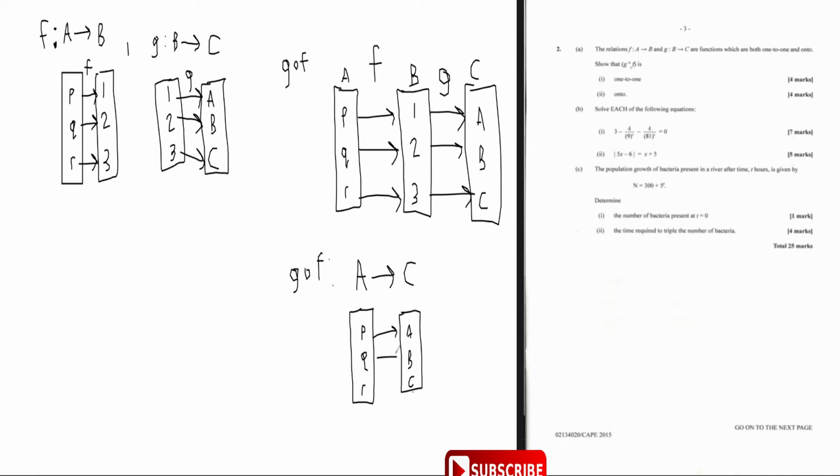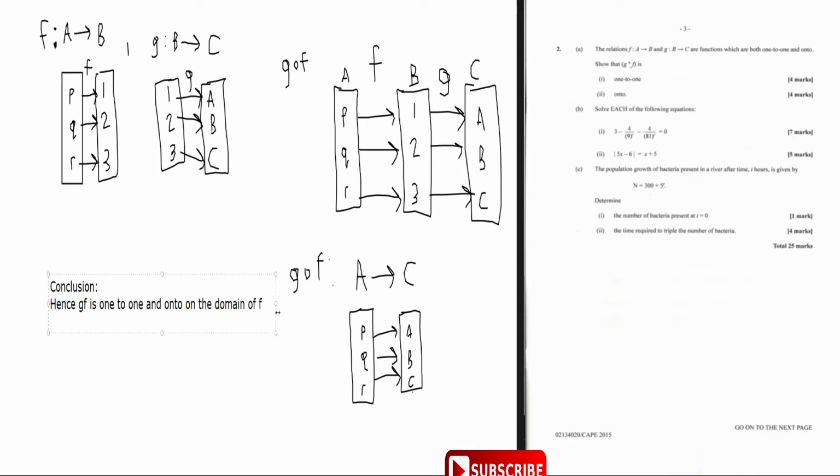This is using examples, and so as we can see, we can make our conclusion now. Conclusion: hence G of f is 1 to 1 and onto on the domain of f. It's always on the domain of f.